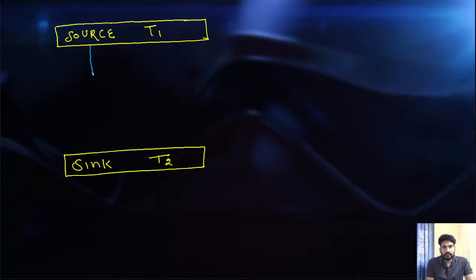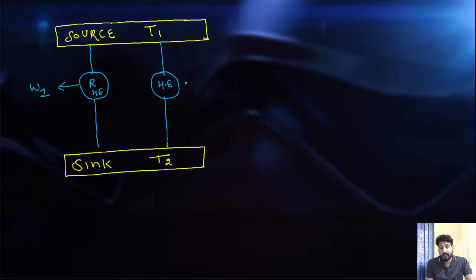There is a reversible engine, this is my reversible heat engine, and one is any other heat engine. Let's suppose I'm getting W1 work done from the reversible engine and W2 work done from this heat engine. Heat supplied is Q1 dash, rejected is Q2 dash, and for the other it is Q1 and Q2.